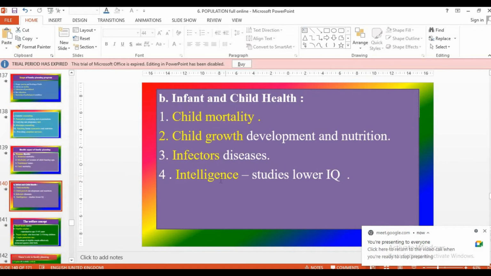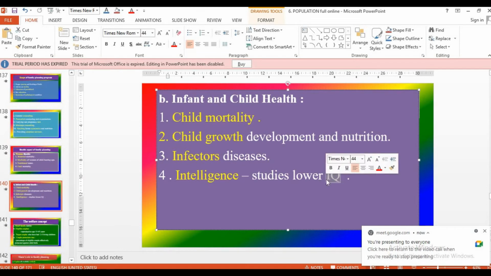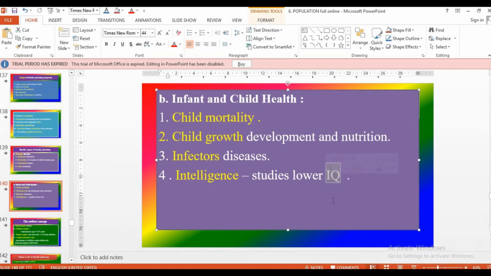In child health measurement, we know the IQ test. Some children may be mentally retarded. So these are the measures that should be taken for infant and child health concerns.